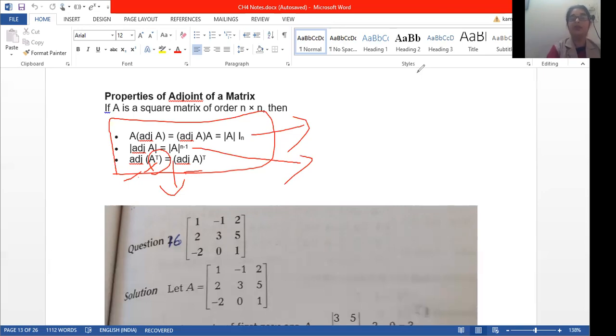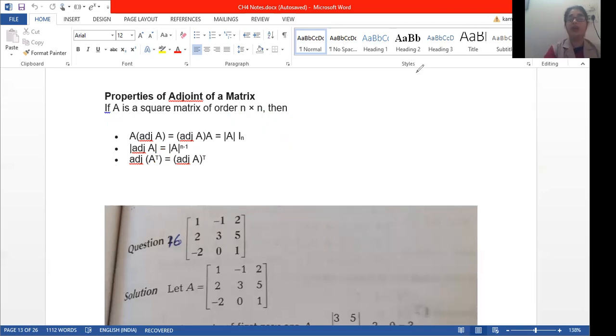So these properties we have studied. In determinants, you have done till exercise 3.4. Please complete till exercise 3.4, because the fourth exercise is totally based on minors and cofactors. And now you already know how to calculate minors and cofactors. If you know minors, cofactors become very easy.